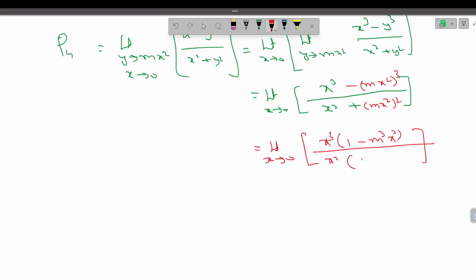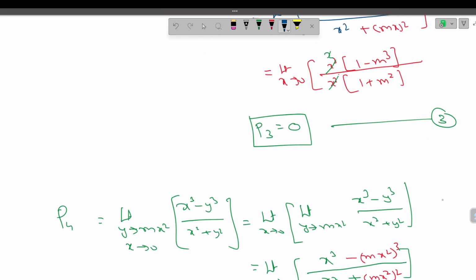Taking x square common, the denominator is 1 plus m square x square. Now x square and x cube cancel, and we are left with x. Limit x tends to 0, substituting 0 gives 0. Therefore P4 equals 0.